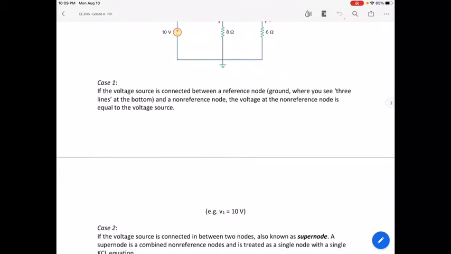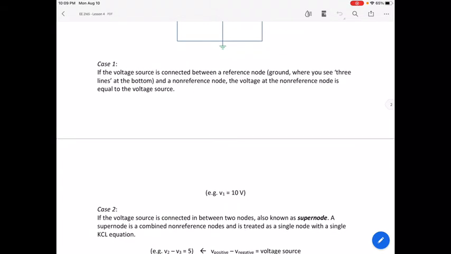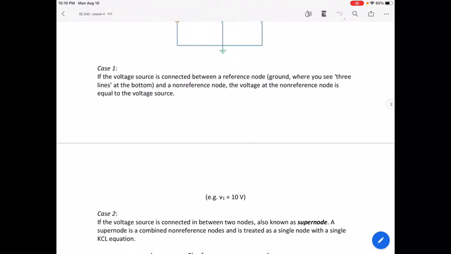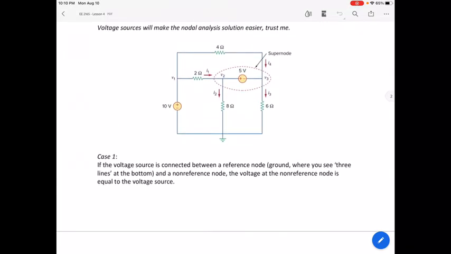Now for the second case, if the voltage source is connected in between two nodes, take a look at these nodes here, V2 and V3. In between these two nodes, there is a voltage source. So these two nodes now form a supernode, as indicated in the circuit diagram.